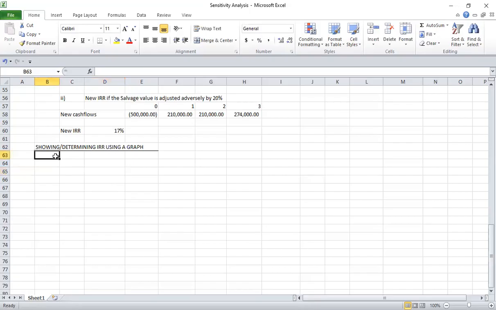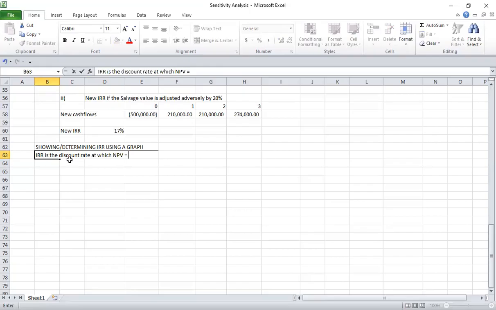Now, how did we define the internal rate of return? We had said that this is the same as the discount rate at which the net present value equals what? Zero.